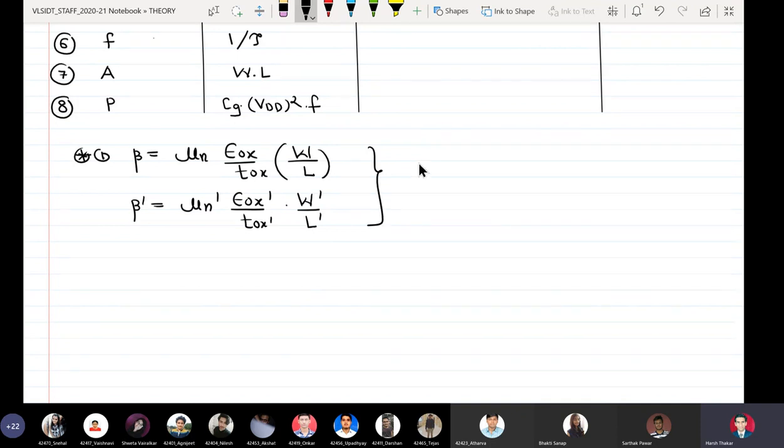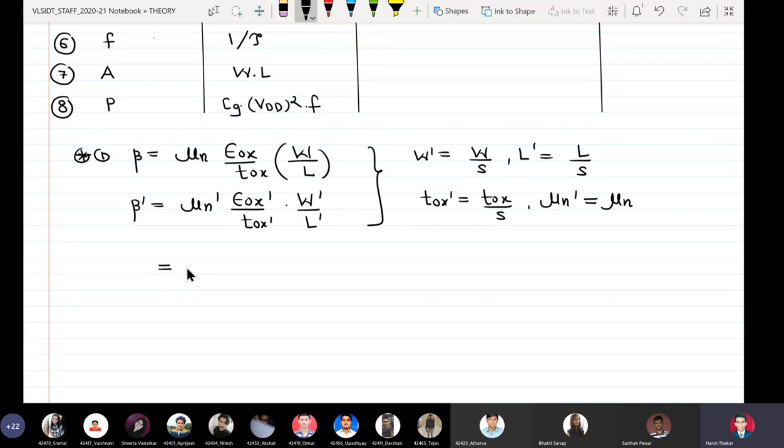Now we should know that W dash is W by S, L dash is L by S, and similarly T ox dash is T ox upon S, because we are considering constant field scaling. Here mu n dash is equal to mu n, because the mobility of electrons is not changed by scaling. Mobility of electron is a function of temperature, not the dimensions of the MOSFET. So we can put these values here.